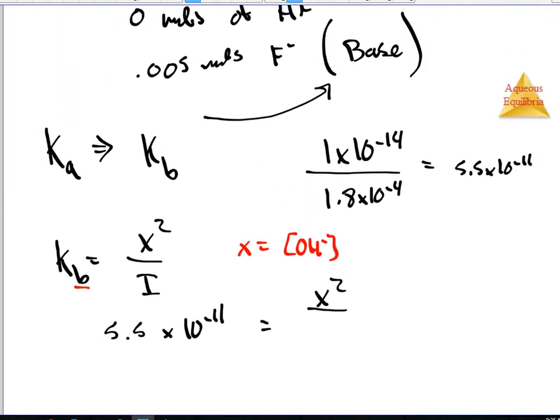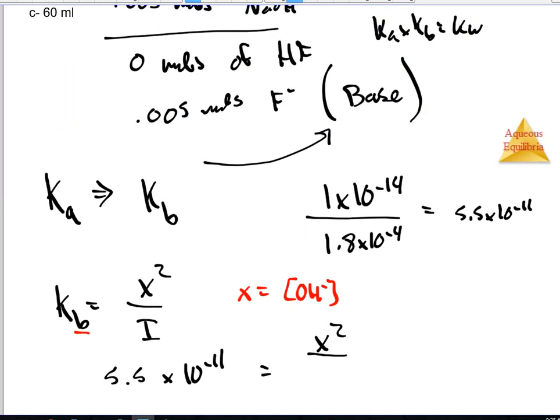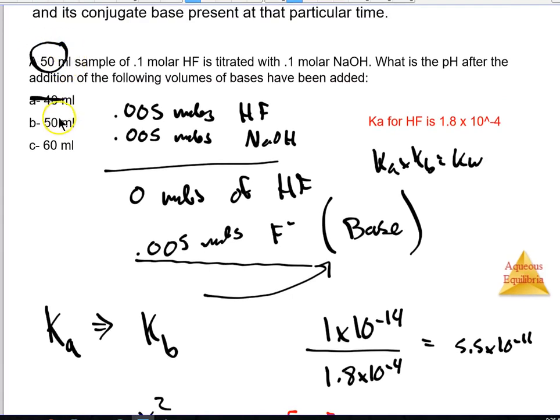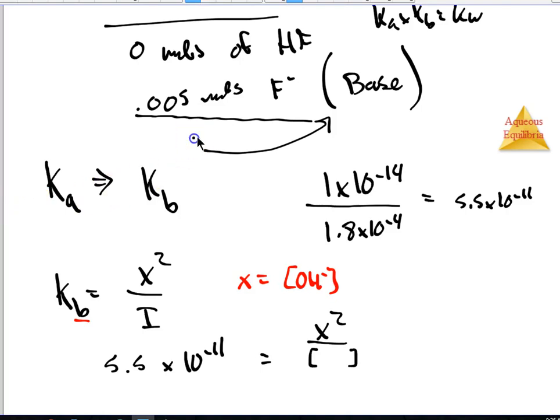All right, now I come up here, and this one is even more tricky. We got to be careful, because this is concentration. So I have this many moles, but I must divide that moles by the total volume, which was 50 plus 50, which is 0.1 liter.